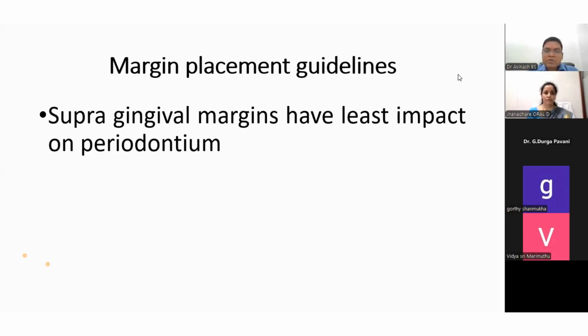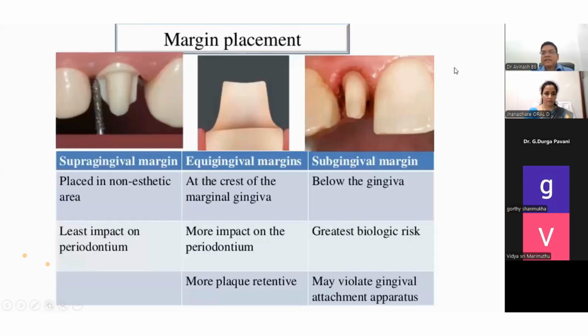So always try to keep a supragingival margin. Like let's say you're preparing a crown. If it is not in the aesthetic region, try to keep it at equigingival or supragingival so that it doesn't encroach the periodontium. But in the anterior aesthetic region, you may not be able to do that. In such cases, what precautions you need to take, I'll be discussing in further slides.